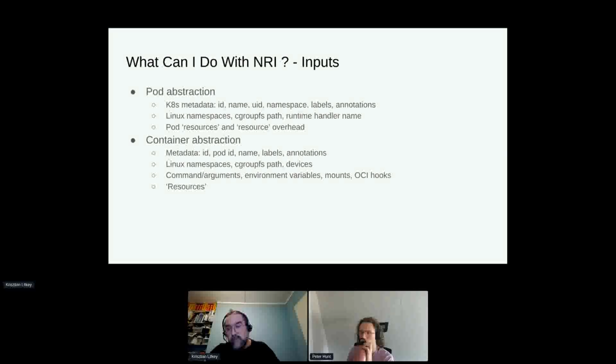Then you get Linux namespaces, cgroup, fspath, runtime handler, resources, resource overhead. For containers, you get the pod that the container belongs to, container ID, name, labels, annotations, Linux namespaces, cgroup, fspath, the command, environment variables, devices, mounts, OCI hooks, and resources. I might have forgotten some of the input that you get, but best is to check the actual protocol.